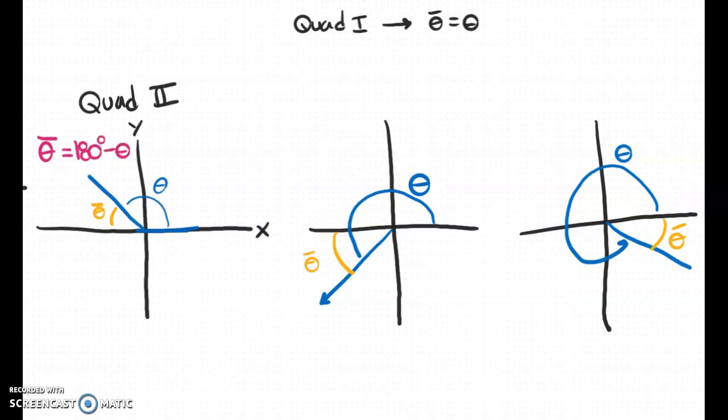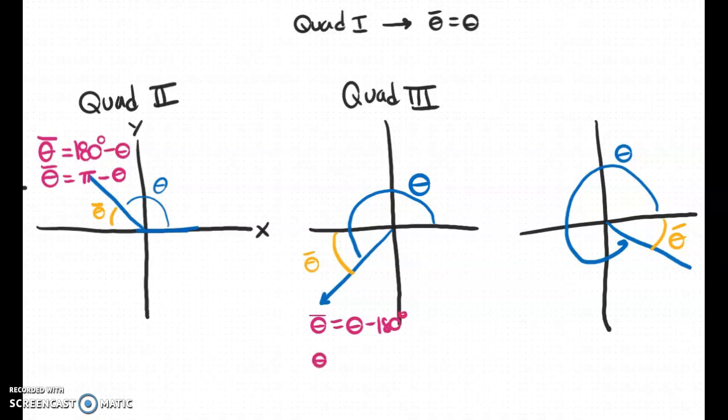And this is the degree formula. If it would be in radians, you would take pi, because pi is equivalent to 180, and subtract theta. In quadrant 3, if your angle falls in quadrant 3, then the formula for the reference angle would be theta minus 180.